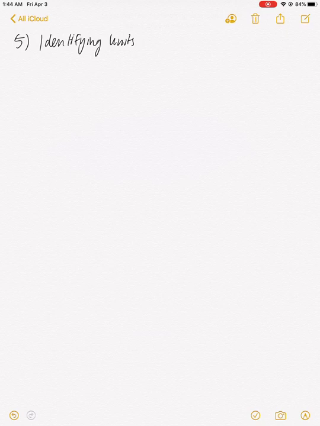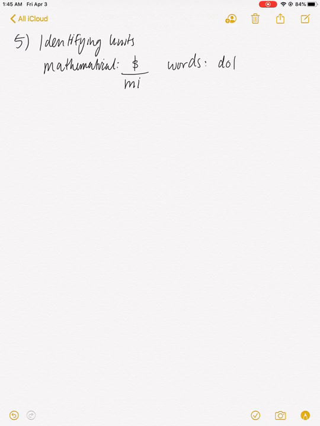We're going to write our price per mile both mathematically and with words. The mathematical writing, where we use our conversion factors and so on, is in dollars per mile. That's what we're looking for, essentially. And in words, it is dollars per mile.